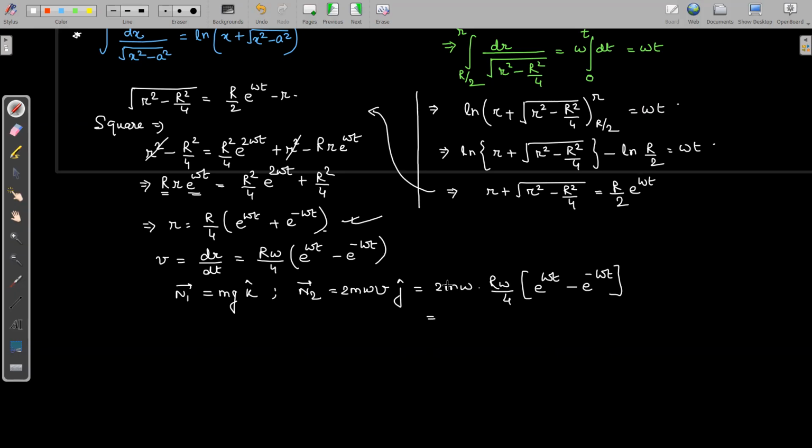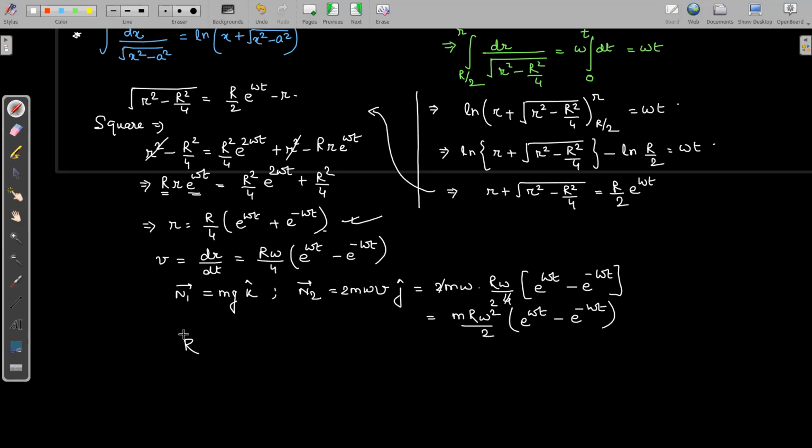So this 4 gets cancelled out, this 2 factor gets cancelled out. We will be left with m R omega square by 2 times (e power omega t minus e power of minus omega t). So this will be the final answer for this question.